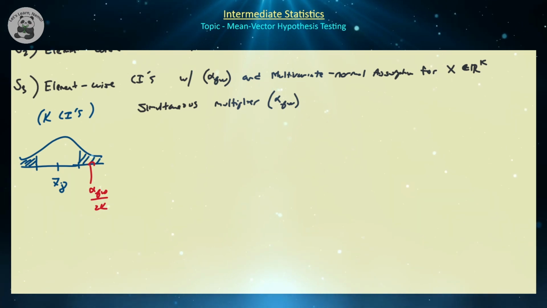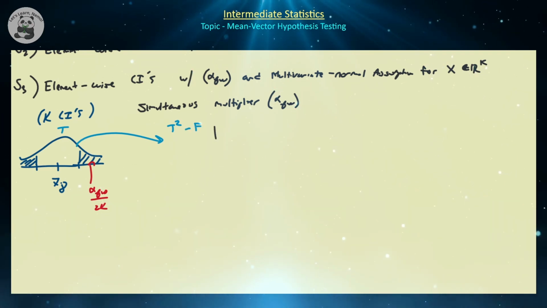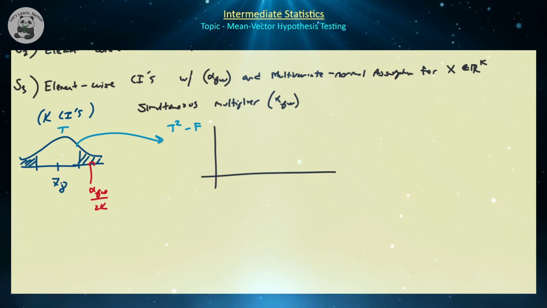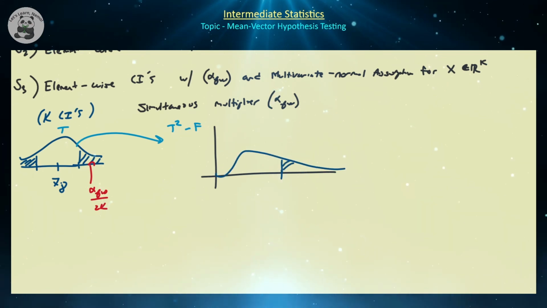But when we consider the t squared distribution, which we know is going to be associated to an F distribution, then we know that our distribution is going to be looking like something like this.